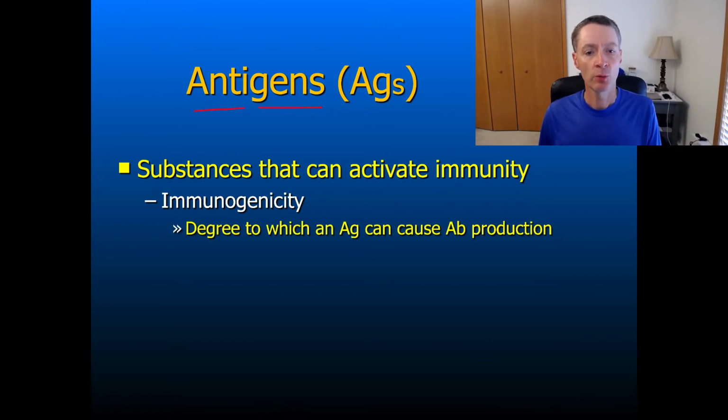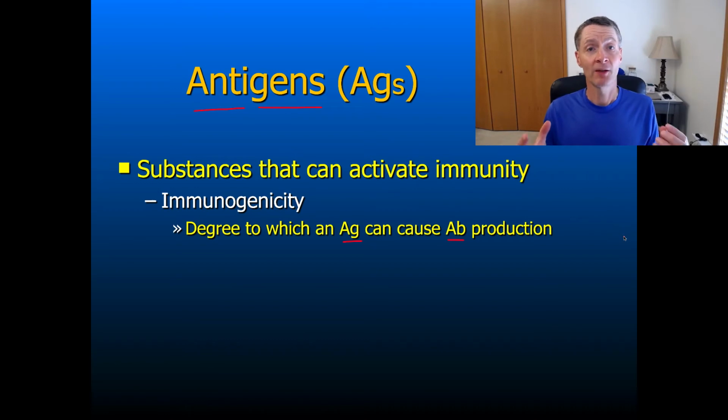It's the degree to which an antigen, AG for antigen, can cause us to respond with some kind of immune function. In this case, it may be antibodies. So the degree to which an antigen stimulates antibodies to be produced against it is immunogenicity.